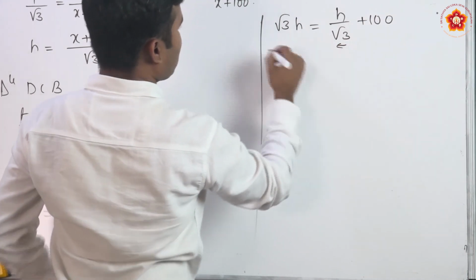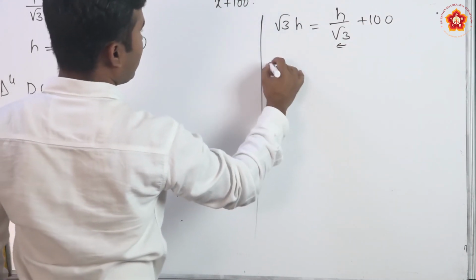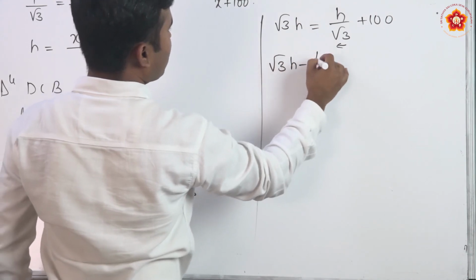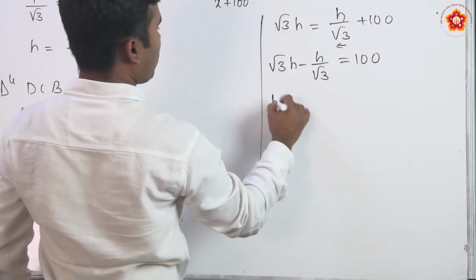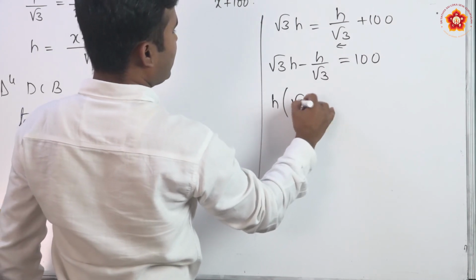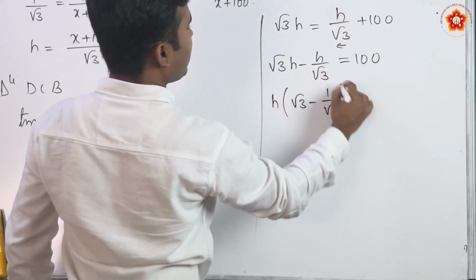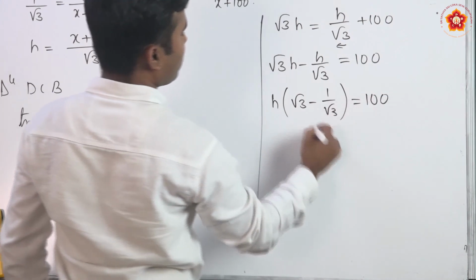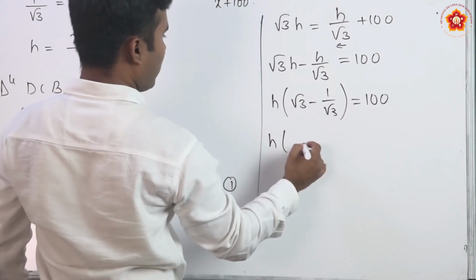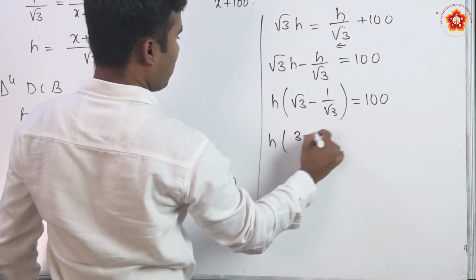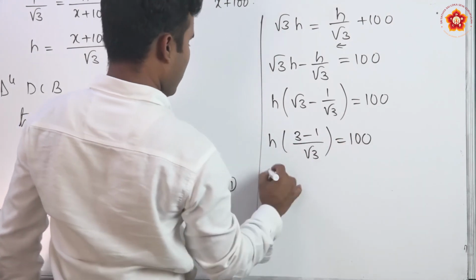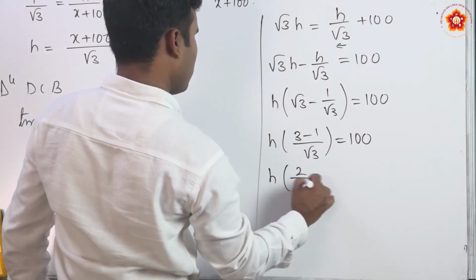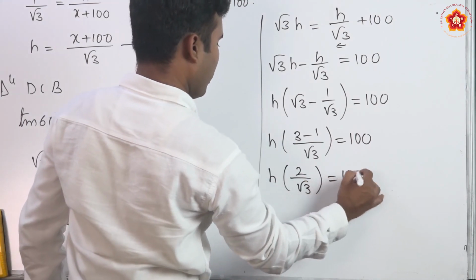Take this to the LHS side. So, root 3 h minus h by root 3 is equal to 100. So, h into root 3 minus 1 by root 3 is equal to 100. Take LCM and simplify. So, 3 minus 1 by root 3, that is 2 by root 3, is equal to 100.